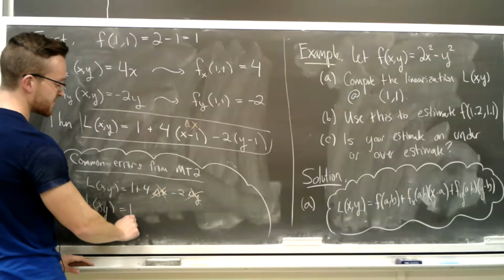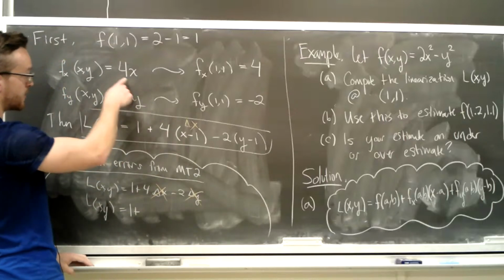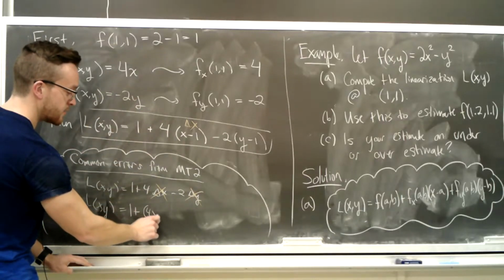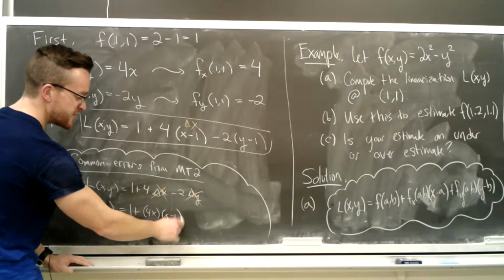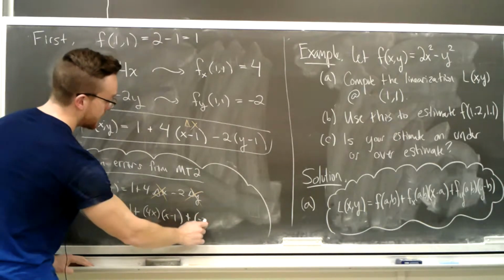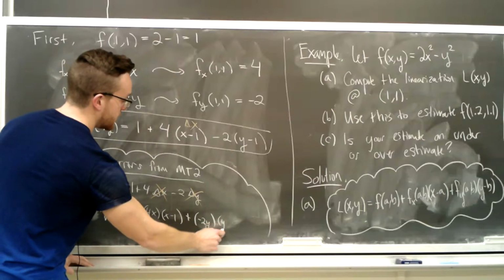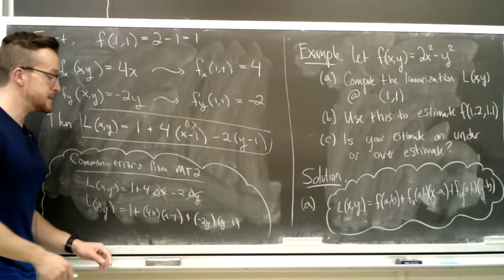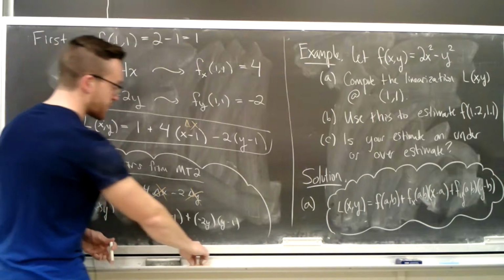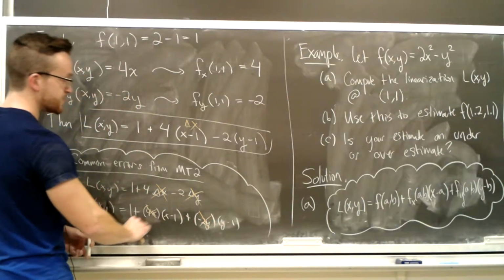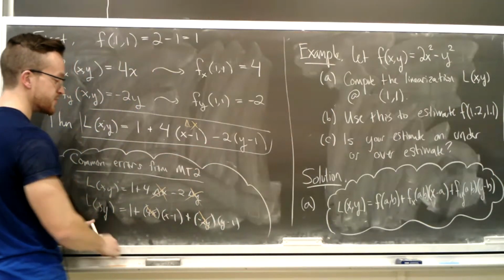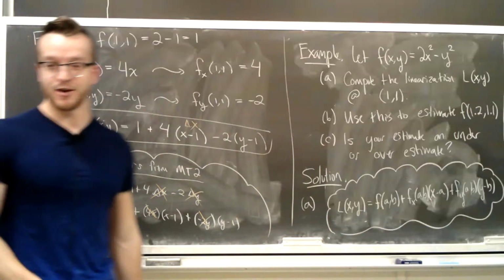So what I mean by that is something like 1 plus 4x times x minus 1 or something like that. That also is incorrect. We specifically want those numerical coefficients. Anyway, not a big deal, just figured I'd point that out.